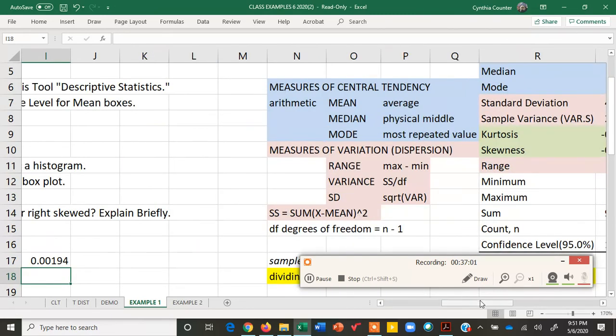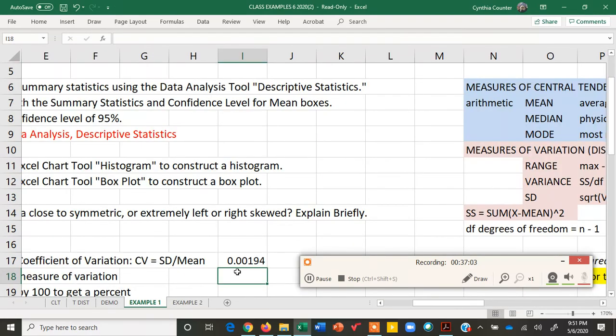All right, there we are. And we get 0.00194. Notice that is just 0.194%.